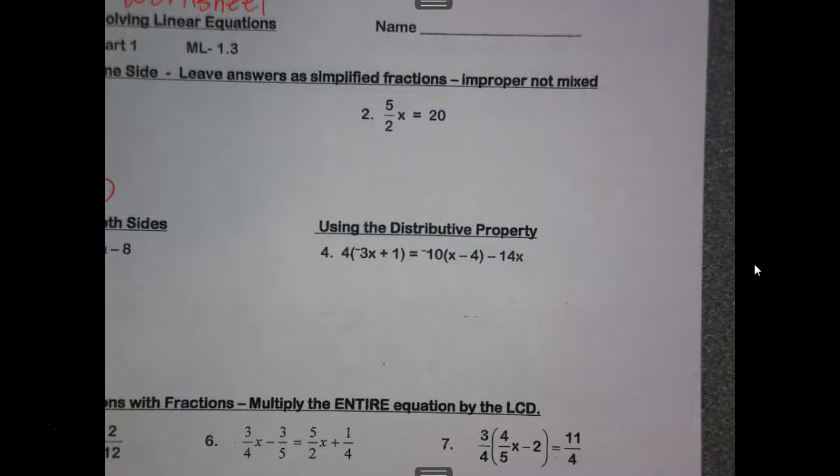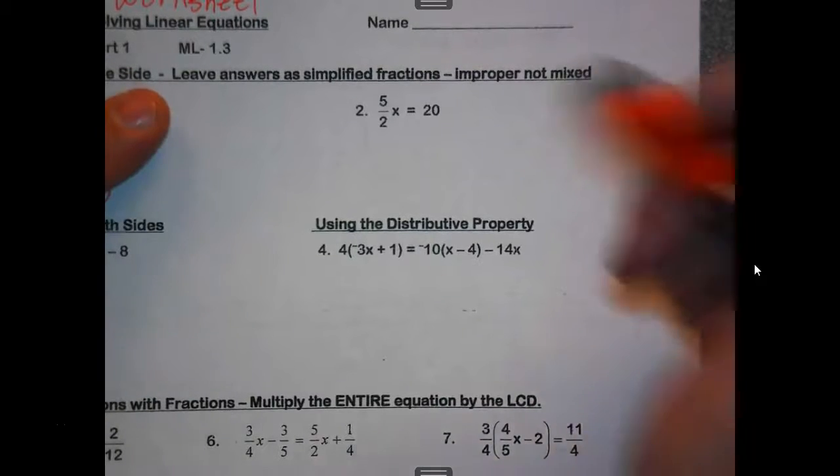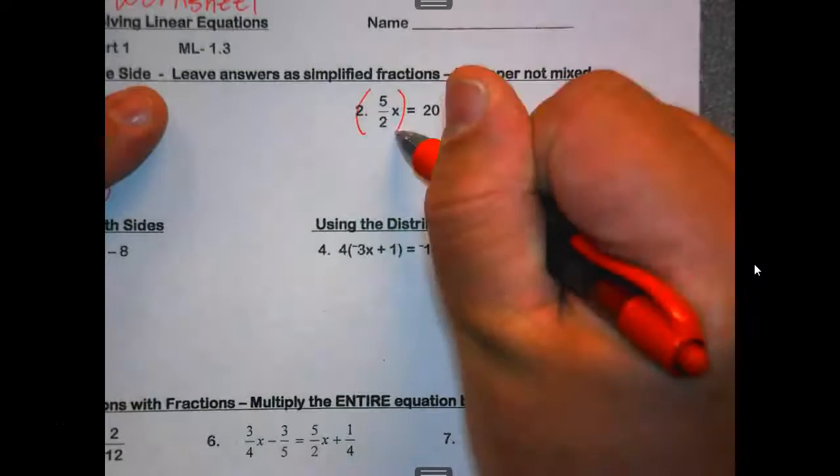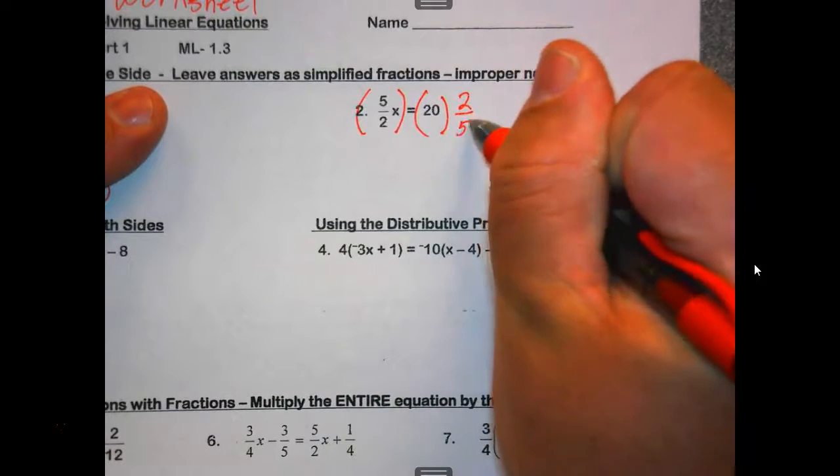All right. So you have to divide. Come on, we got to get through this sheet. Stop making me laugh. We have to divide by 5/2, which is the same thing as multiplying by the reciprocal.